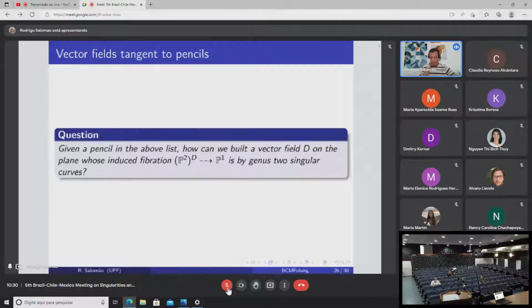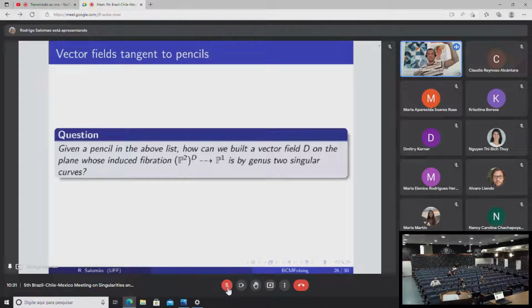Instead of computing the vector field directly on the projective plane, we take the pencil, we blow up the base points, and we reach a fibration by elliptic curves. After that, we change variables in order to obtain a Weierstrass form given by Borges-Neto.